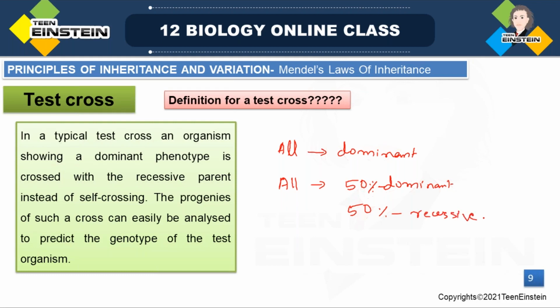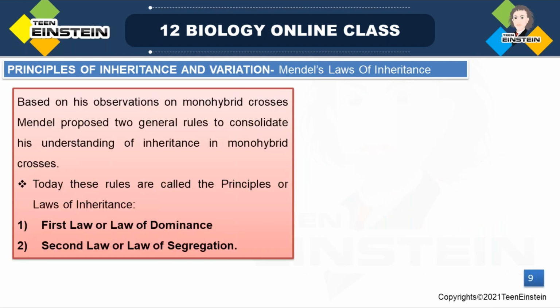So that is the conclusion Mendel made. Half will be dominant and half will be recessive if the organism is heterozygous. If it is homozygous, all the offspring will show the dominant character only.